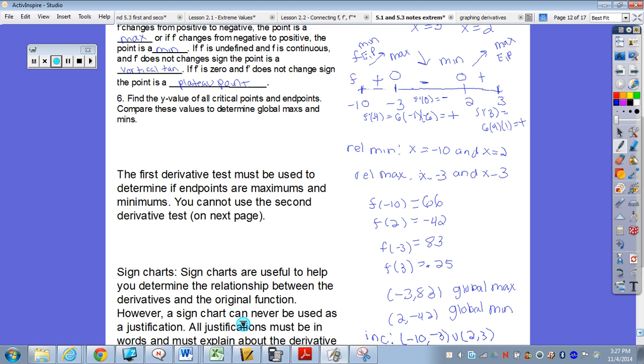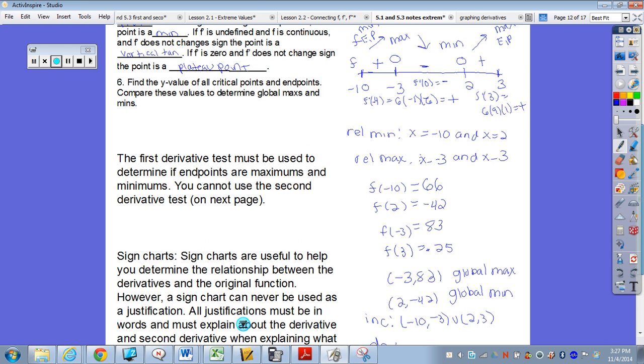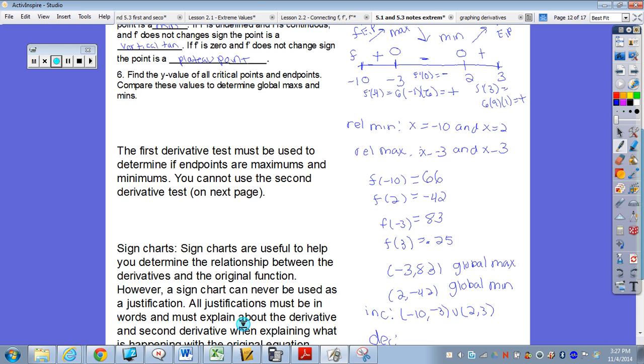Now, for increasing and decreasing, we always put parentheses. Even though -10 is an endpoint, you can't increase unless you have 2 points to compare. And then it's decreasing from -3 to 2 because it's negative slope.